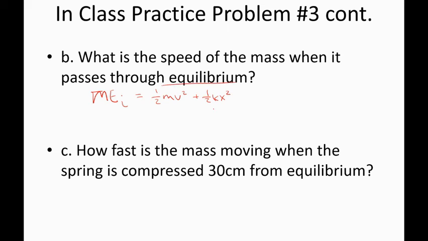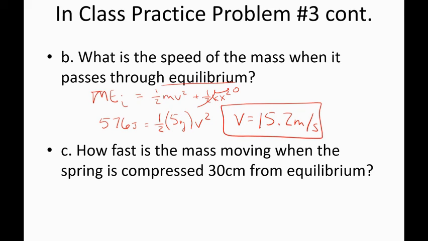Well, at equilibrium, x squared equals 0. So I know that my 576 joules is equal to 1/2 times my mass. My mass in this case is 5 kilograms, v squared. And my v ends up to be 15.2 meters per second.